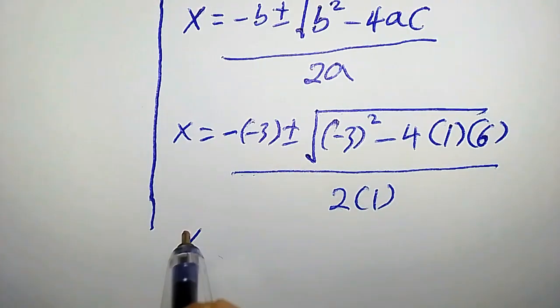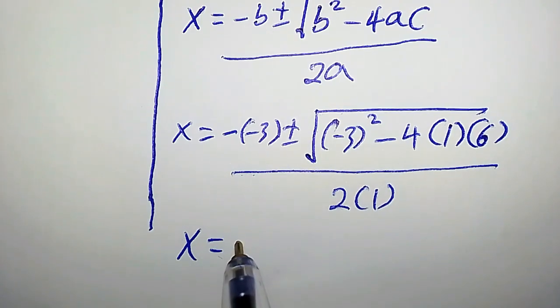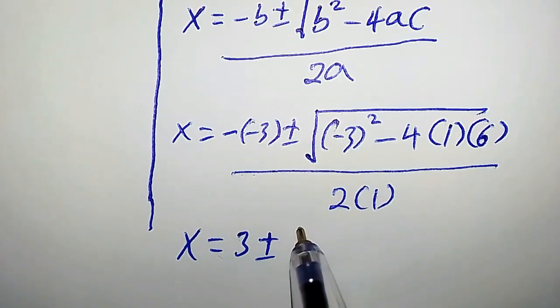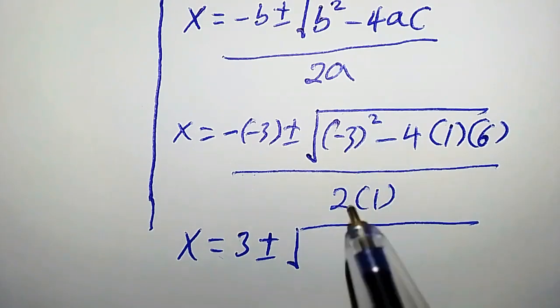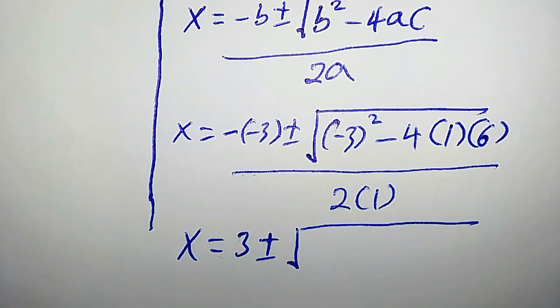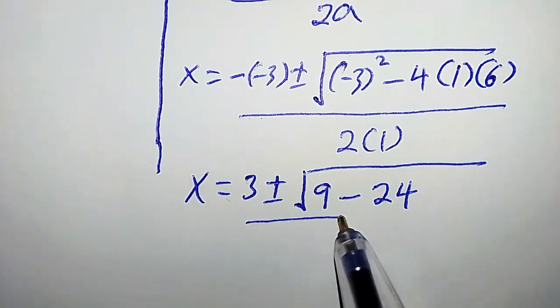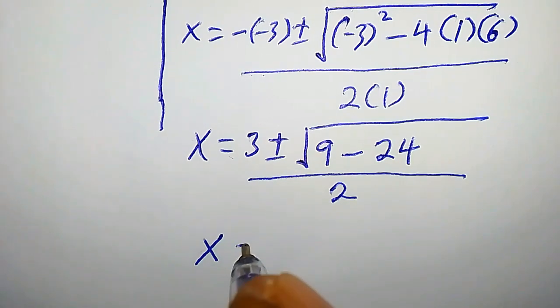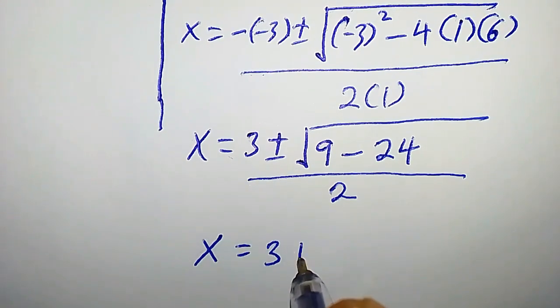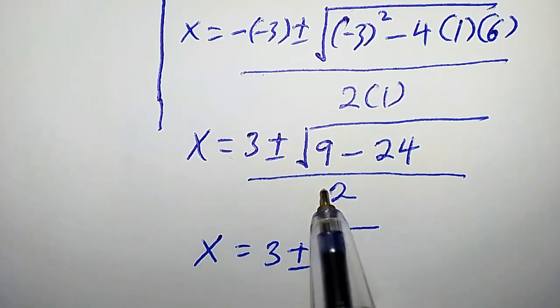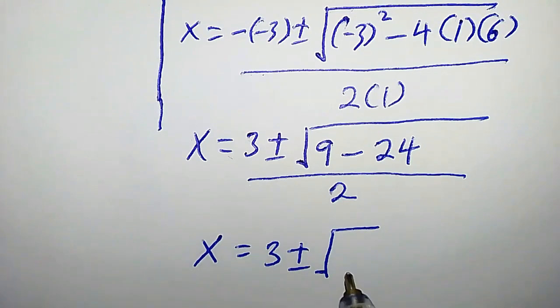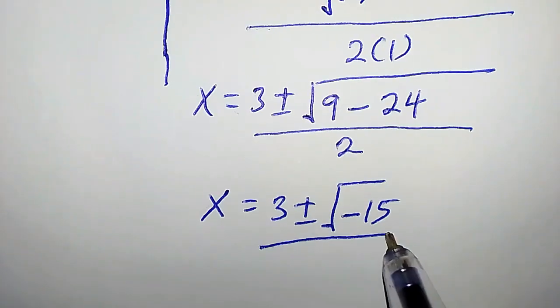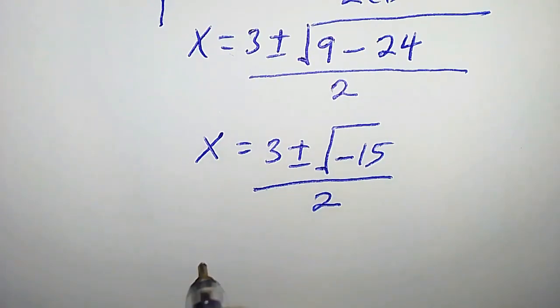So I have x equal to 3 plus or minus the square root of minus 3 all squared, that is 9, minus 4 times 1 times 6, that is 24, over 2 times 1, that is simply 2. Let's continue. x is equal to 3 plus or minus the square root of 9 minus 24, that is negative 15, over 2.